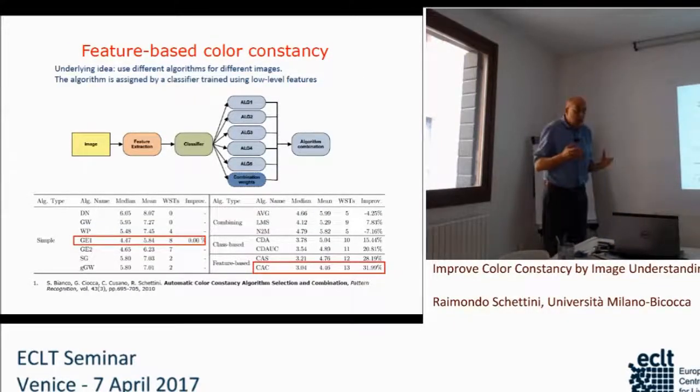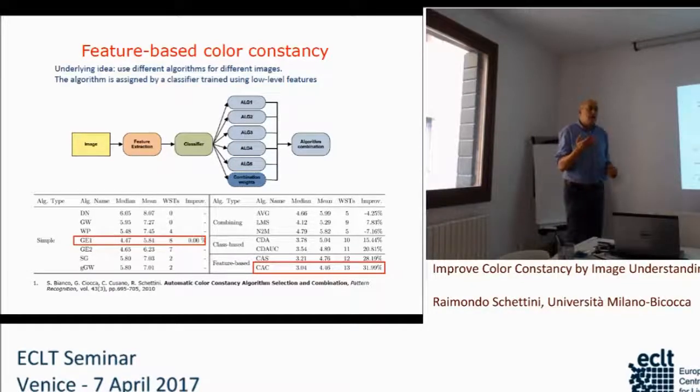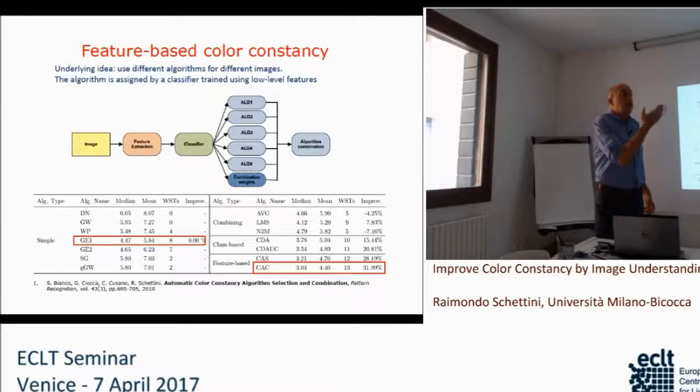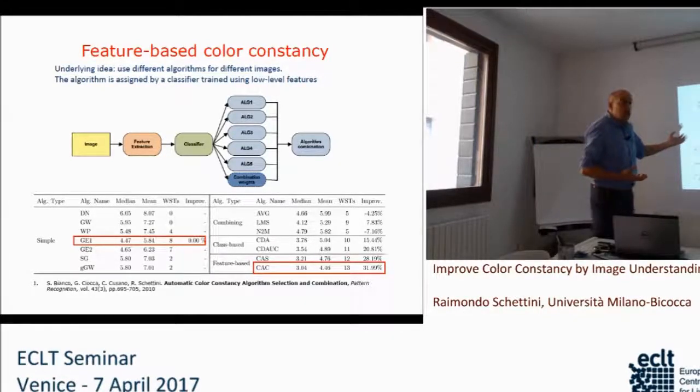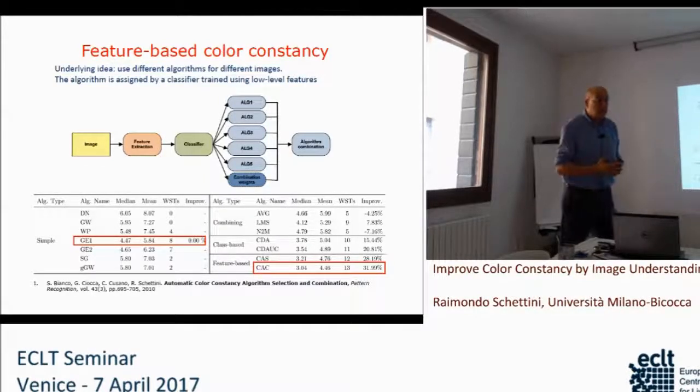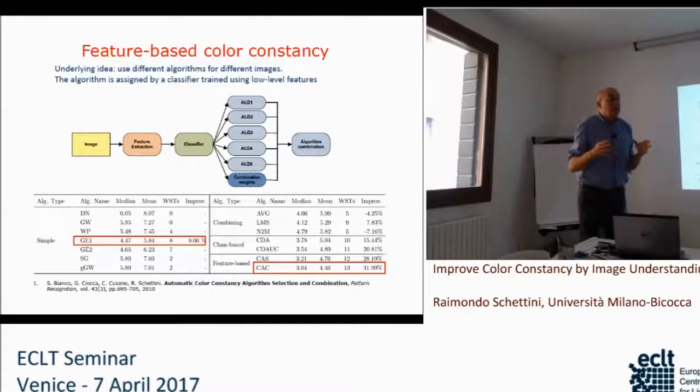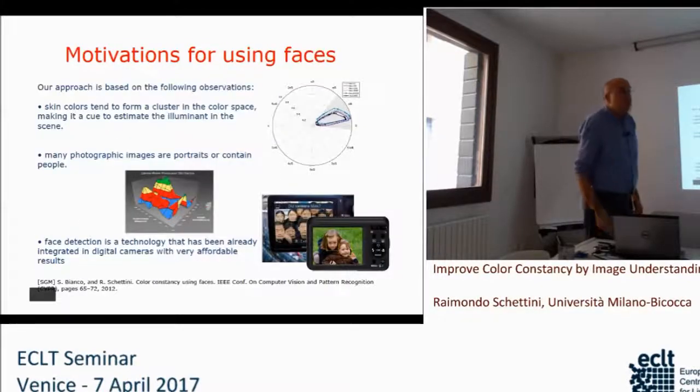So we started thinking, okay, we use high-level features such as scene, and we have an improvement. We use low-level features such as color histograms, wavelet statistics, and we have an improvement. What do we have in the middle? In the middle, we have objects, and in particular, we have faces.